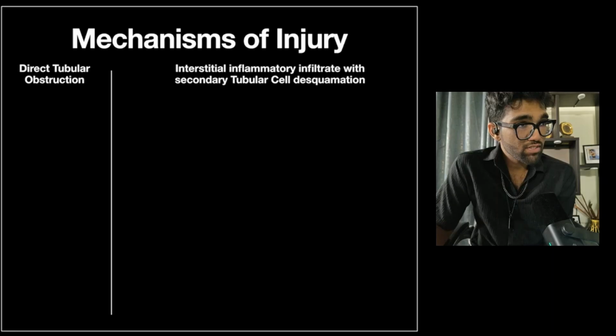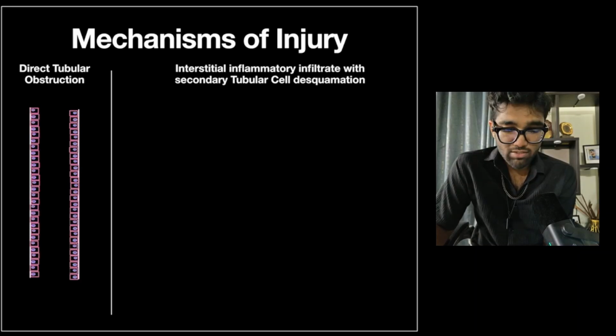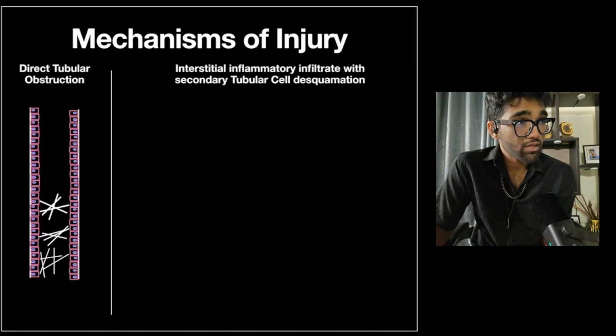So, as we've discussed previously, the mechanisms of injury are twofold. One is you could have direct tubular obstruction, and we had visualized it during this diagram, as in crystal gets deposited within the lumen of the tubules, and as a result, it obstructs the tubules.